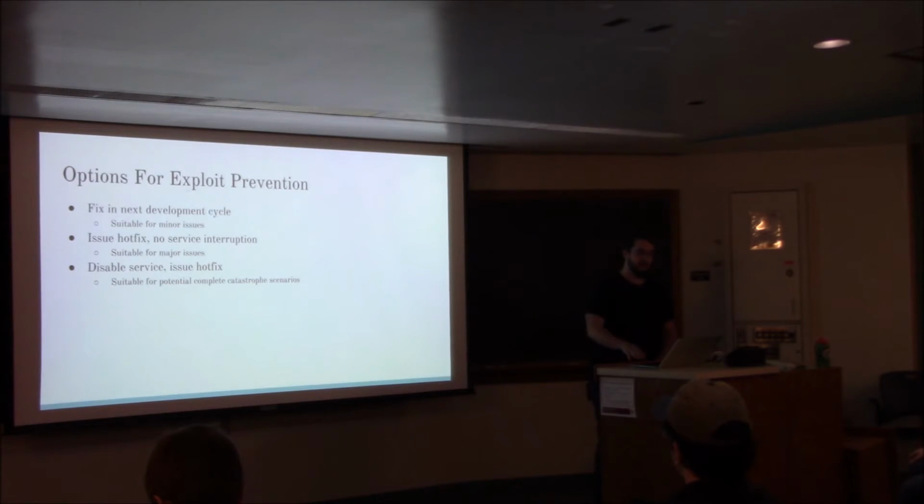The most severe is you disable the service and you start working on a hotfix immediately. This is for when you are leaking sensitive information, when users are able to do admin-y things that they shouldn't be able to. So when I got the message from Burkett that /admin was accessible, this is what I did.